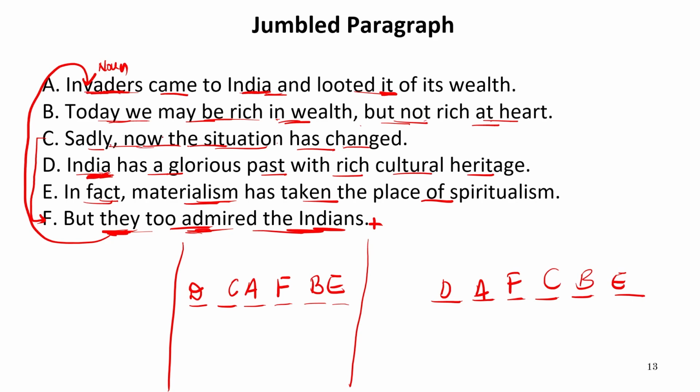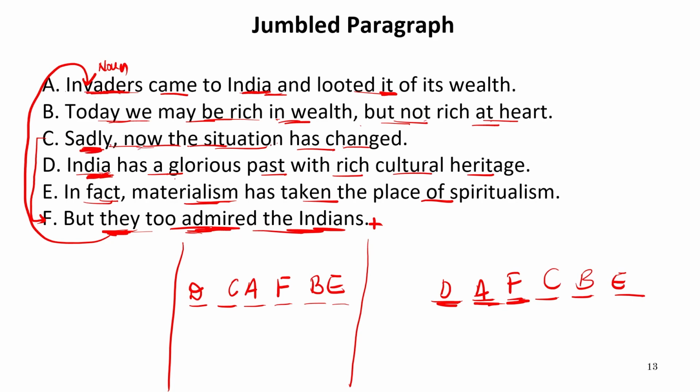If I say to you that India has a glorious past with rich cultural heritage, invaders came to India, this is contrasting the D sentence. And A is corroborated with the F statement, because F is supporting statement A. It means D, A and F will come together, and after that C is contrasting this admiration.